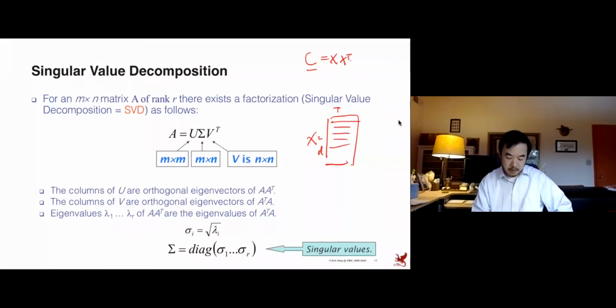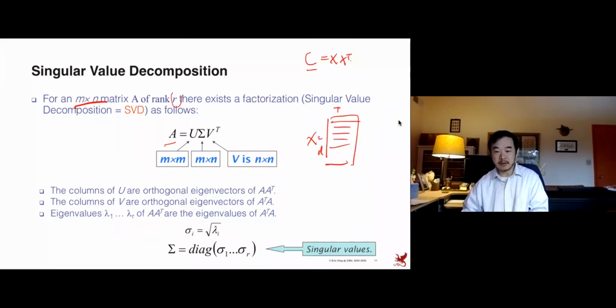For example, given a rectangular matrix A, m by n, let's say it has rank R. Rank R is not very obvious from the data, but when you compute the singular value decomposition, you see how many non-zero eigenvalues you get, and that usually corresponds to the rank of the matrix.